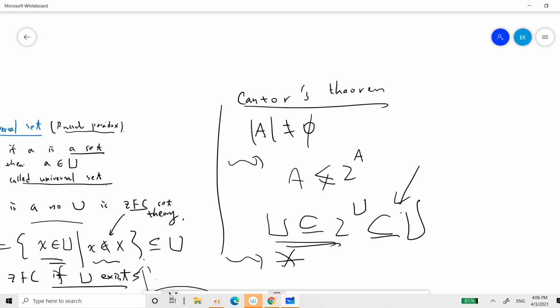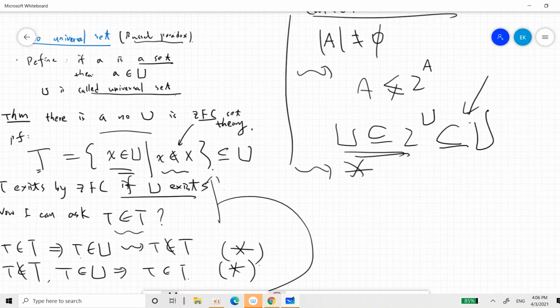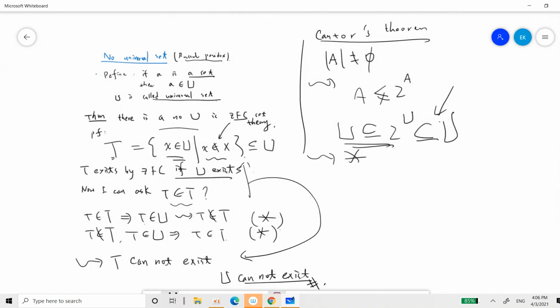So the cardinality of the power set of U must be strictly greater than U itself, but U also contains it, so this is a contradiction. This is the famous proof of the idea that there's no universal set in ZFC set theory.